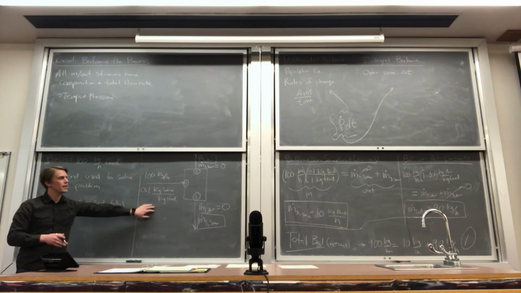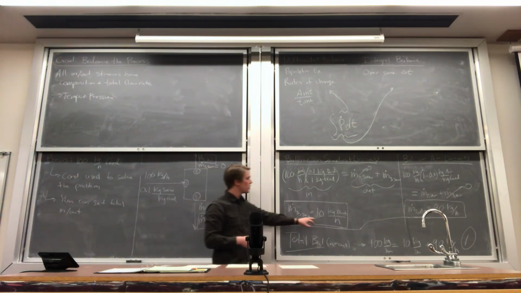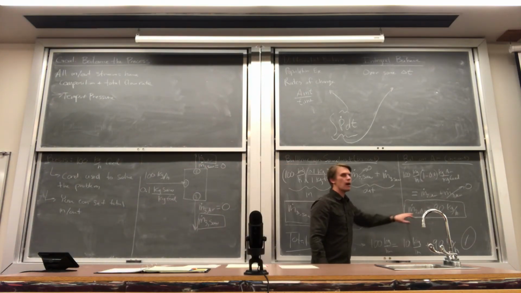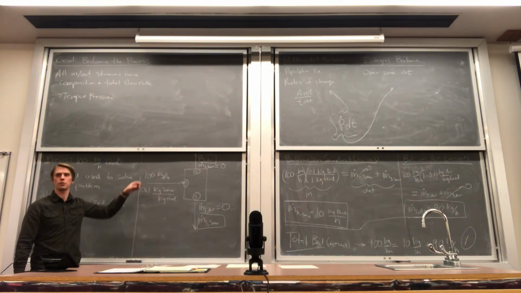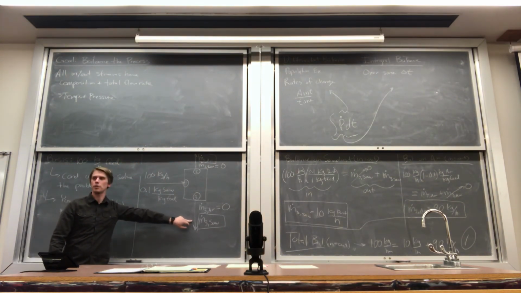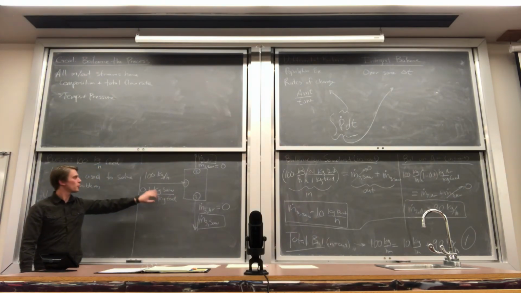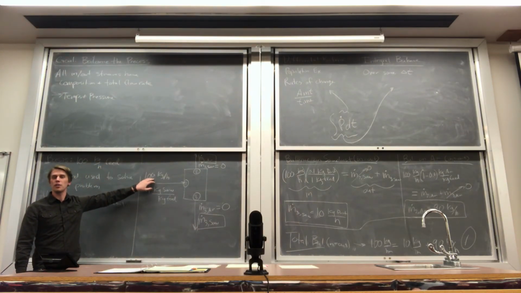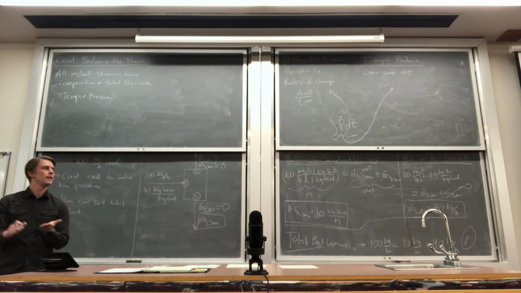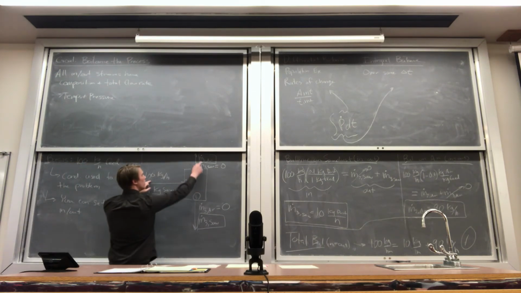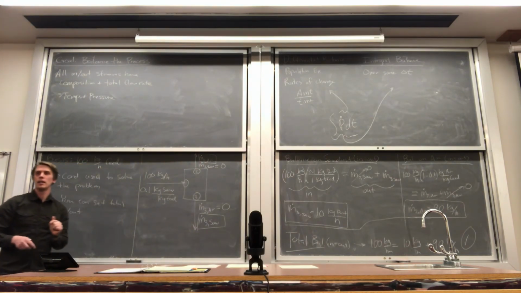But instead of me asking, what is the flow rate of sawdust out, or what is the flow rate of air out, I could have said, what fraction of the feed goes to the top stream, what fraction of the feed goes to the bottom stream. So you could have solved this problem for 100 kilograms per hour, you could have solved it for 100 kilograms a second, you could have solved it for whatever you wanted to. And it wouldn't change the ultimate goal that you're trying to figure out what's the ratio of these individual streams. Now that idea is the idea behind what they call scaling the basis.